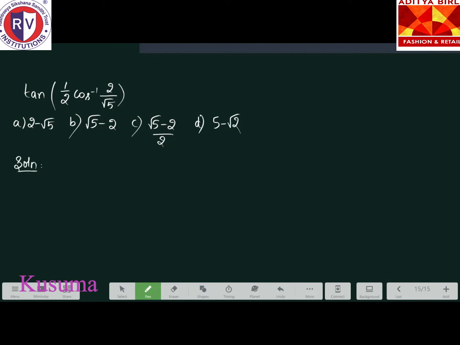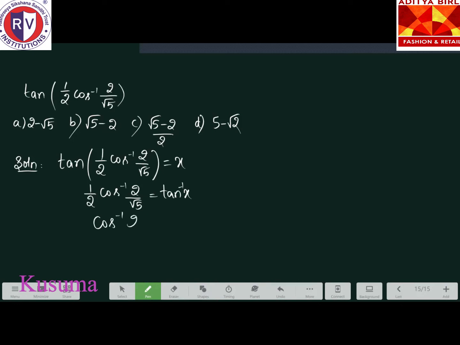We don't know the value, so let us think of that value as x. Let tan of 1 by 2 cos inverse 2 by root 5 be equal to x. So 1 by 2 cos inverse of 2 by root 5 will be equal to tan inverse x, or cos inverse of 2 by root 5 is equal to 2 tan inverse x.